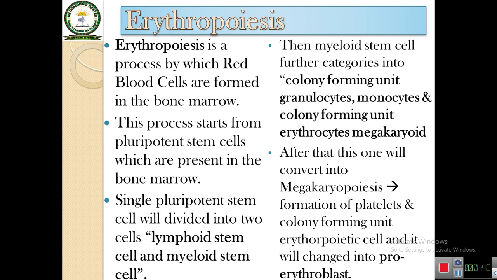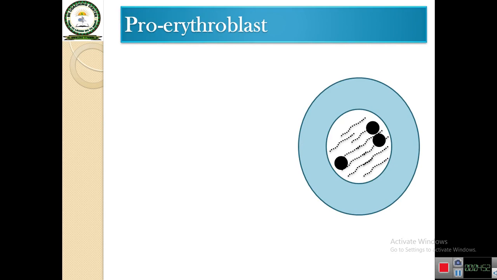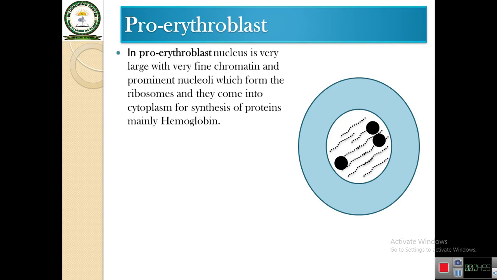The colony forming unit erythropoietic cells will change into proerythroblast. This is the proerythroblast. In the proerythroblast, the nucleus is very large with very fine chromatin.